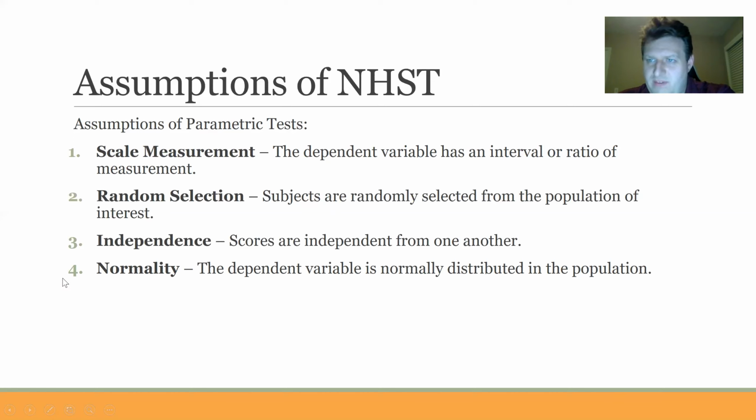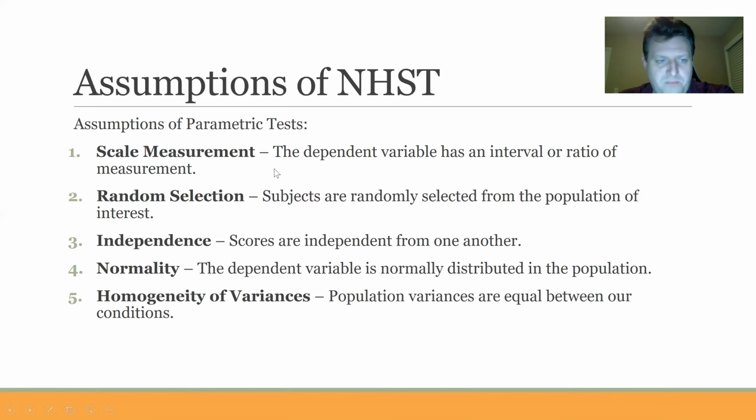We'll talk more about this assumption a little bit later on. The last one only applies in certain situations. All right, for a one sample z-test and for a one sample t-test, not a huge issue, but homogeneity of variance is the idea that the population variances between group 1 and group 2 are exactly the same.